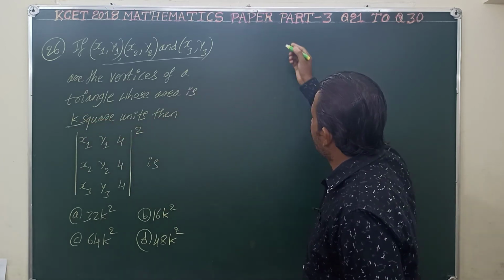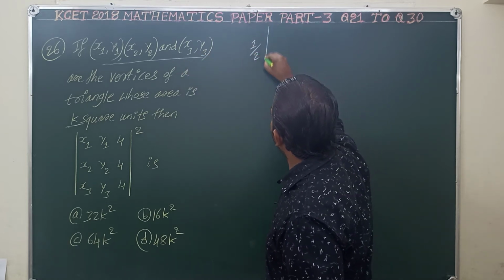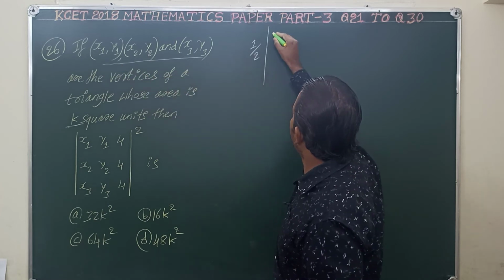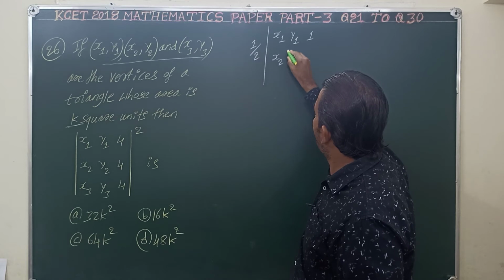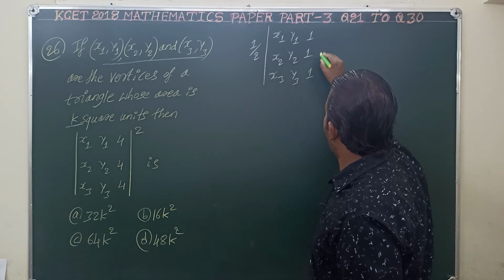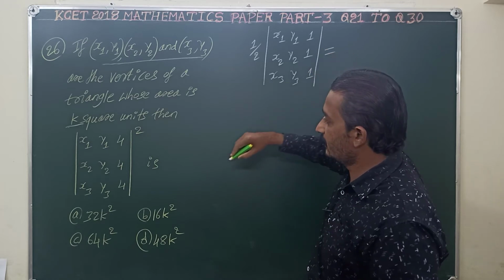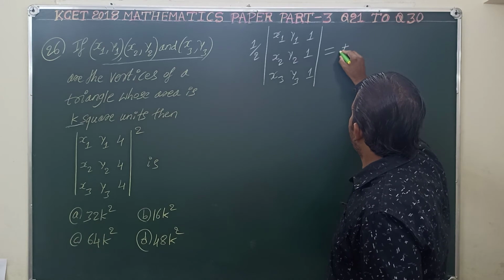So using the formula, area of the triangle whose vertices are given is nothing but half into determinant with first vertex x1 y1 1, second x2 y2 1, third x3 y3 1, equal to the area given. If area is given, take it as plus or minus k.